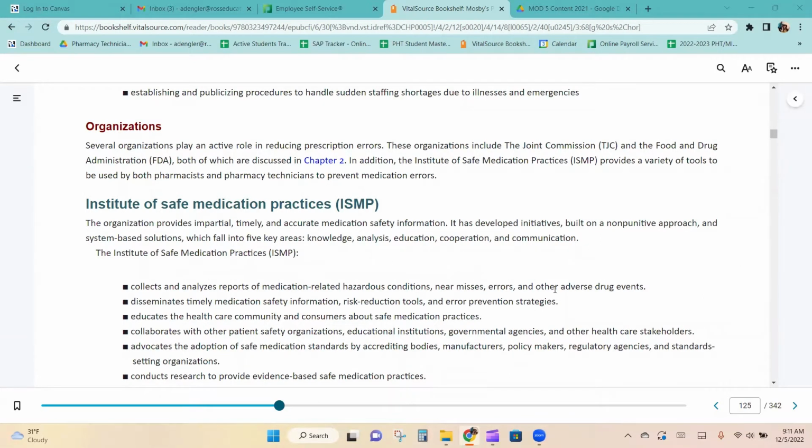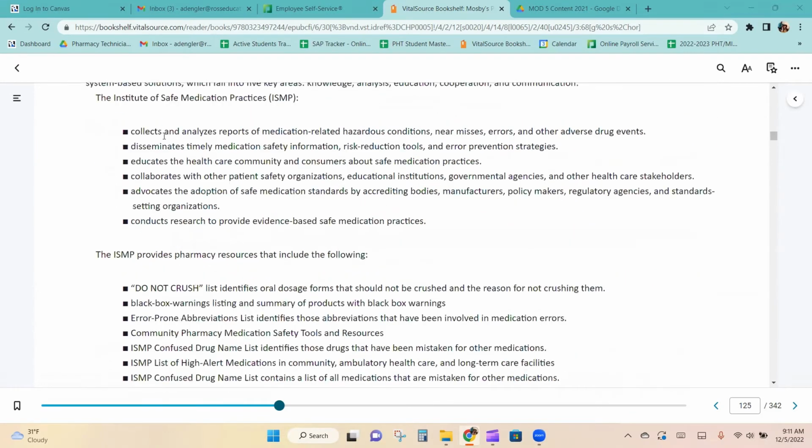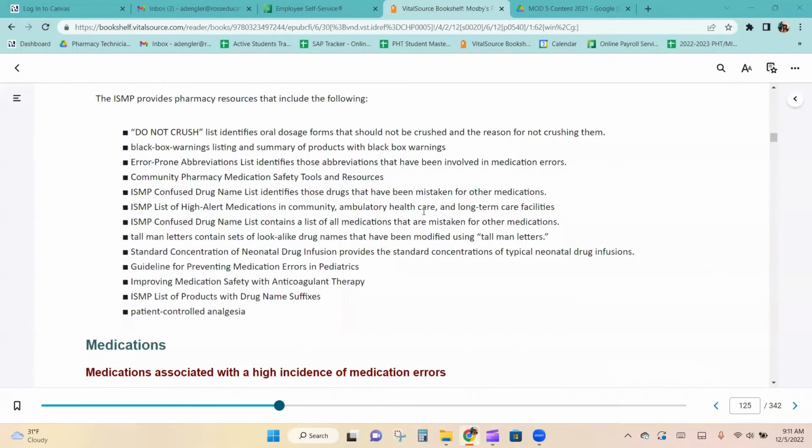More of what they do: they collect and analyze reports of medication-related hazardous conditions, near misses, errors, and other adverse drug events. They educate the healthcare community and consumers about safe medication practice, and they conduct research to provide evidence-based safe medication practices.